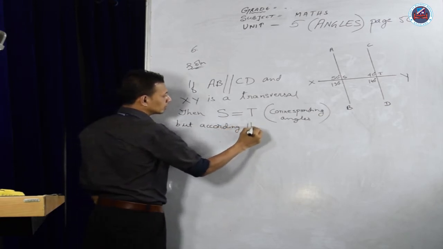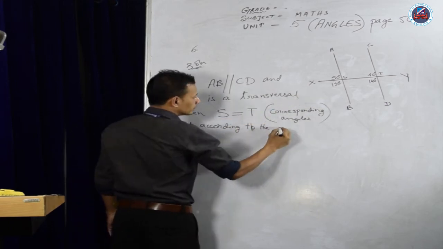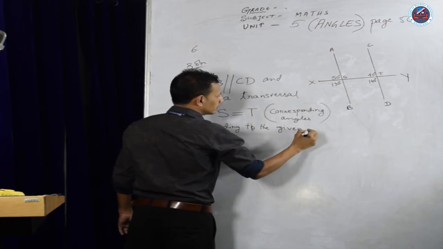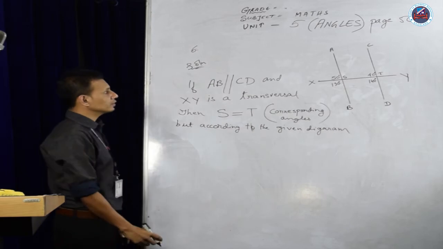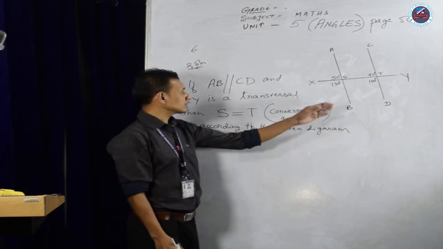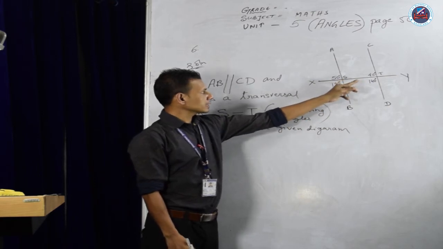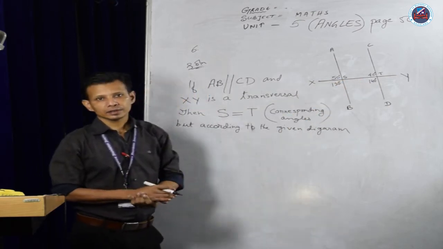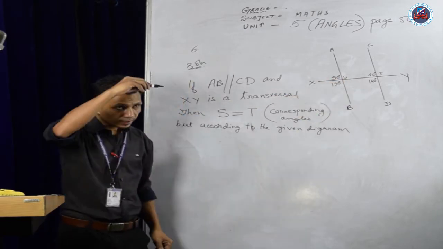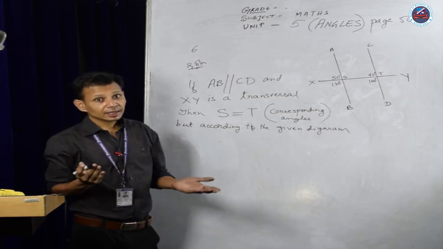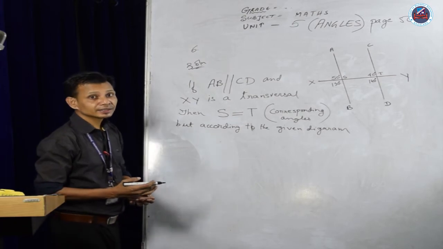According to the given diagram, what we see here is S and 140, are they the same or not? Have a look. S and 140, they are under the Z shape. Alternate angle, S and 140 is an interior alternate angle.